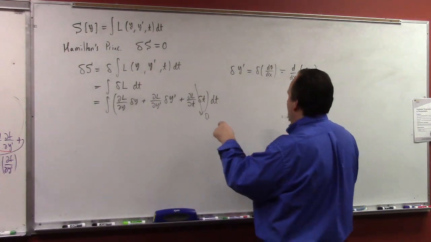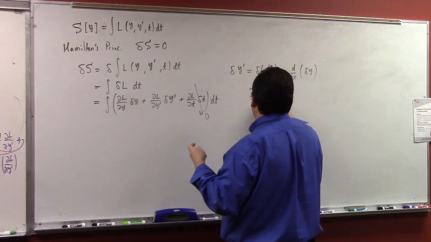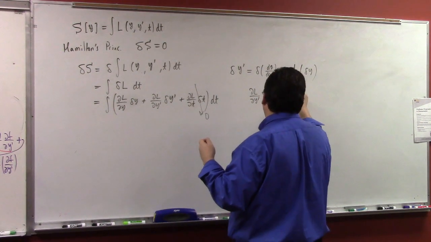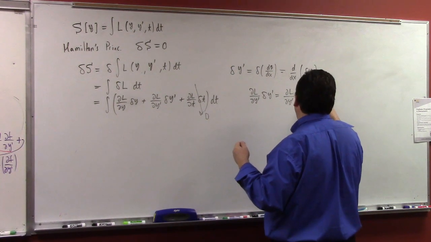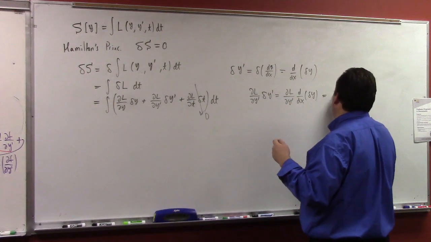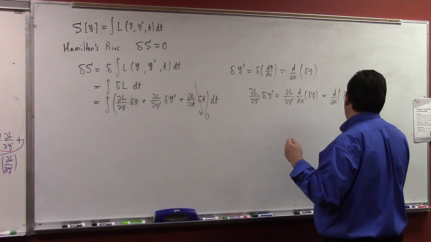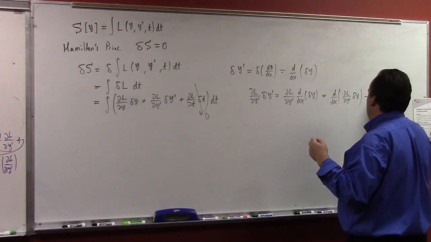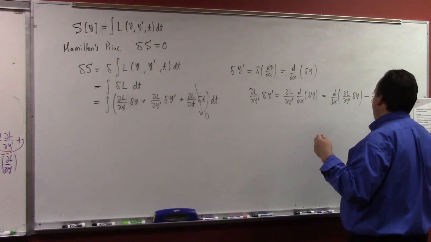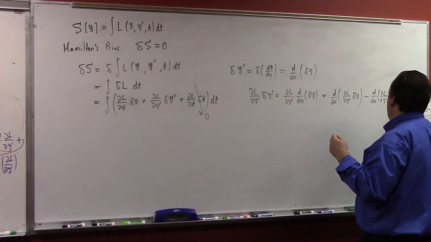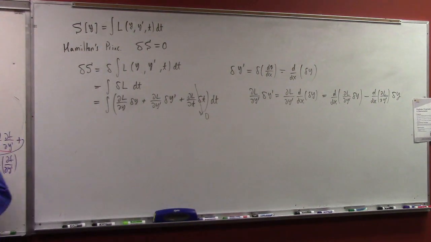And at that point, we're back to where I was in my other calculation, because the variation of y prime is d dx of the variation of y, right? And then we just say, oh, well, that's d dx of partial L, partial y prime times the variation of y, minus d dx of partial L, partial y prime times the variation of y. So then I do integration by parts.